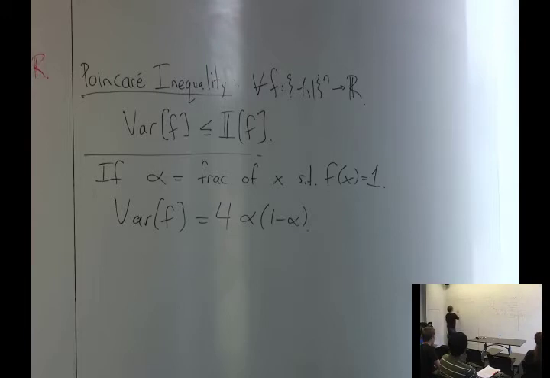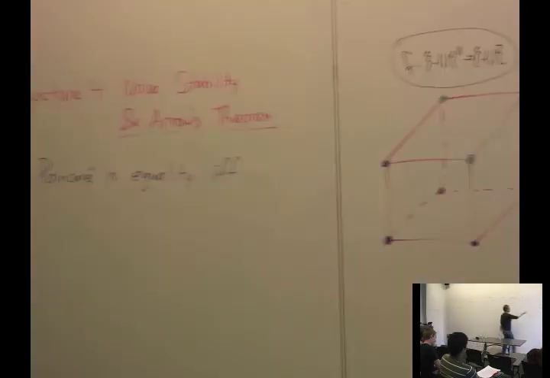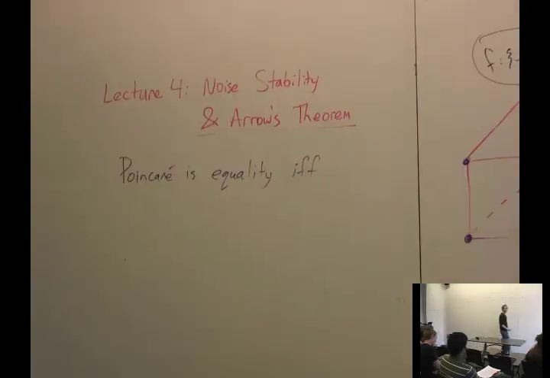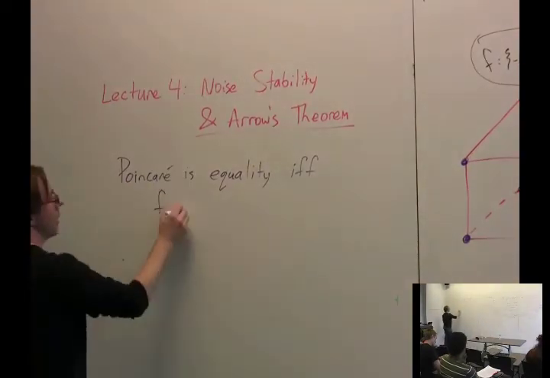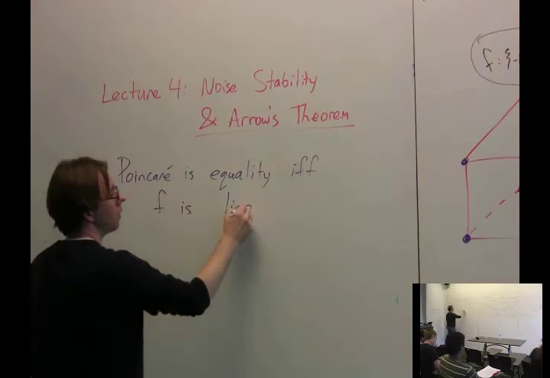Exactly, yeah. So Poincare is equality if and only if, well, it would have to be that all of the Fourier mass is on sets of cardinality 1, which means that F is linear.